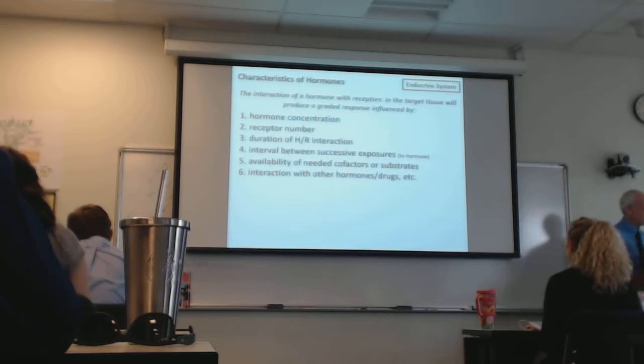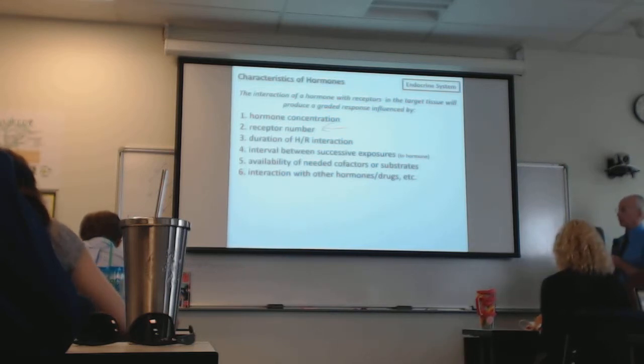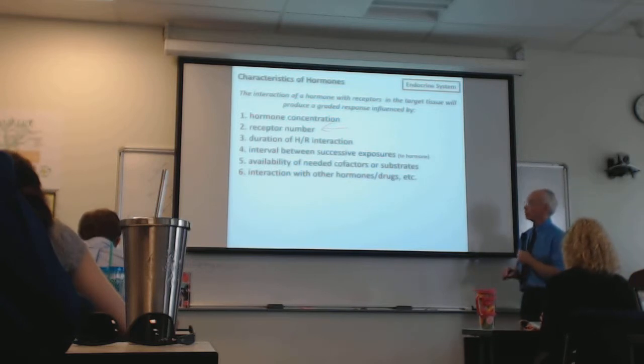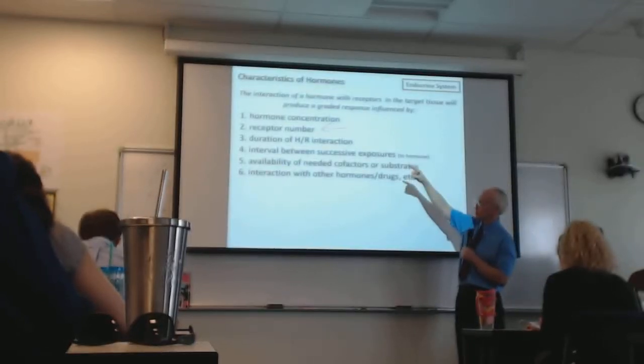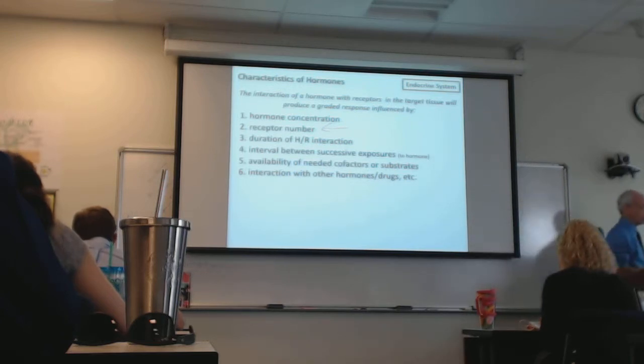Remember that the biological response is dependent upon the availability of receptors, and that concept is usually described as receptor number. We're going to need to talk about that a little more. What we're going to find is there's a relationship between 1 and 2, sometimes called receptor density.